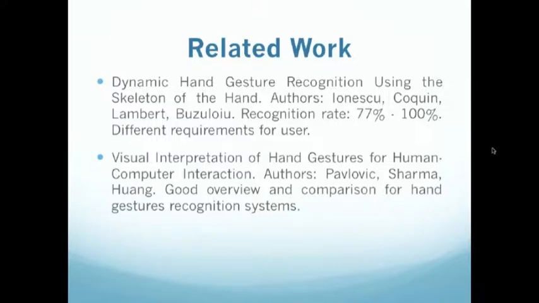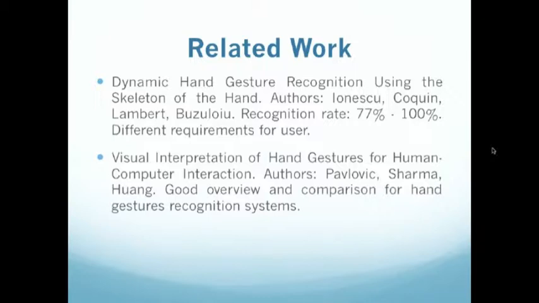This paper also uses the two algorithms, the skeletons and the HOG algorithm, and the conclusions are pretty much the same. The skeletons are a better approach. And the second paper is called Visual Interpretation of Hand Gestures for Human-Computer Interaction. The authors are over there.